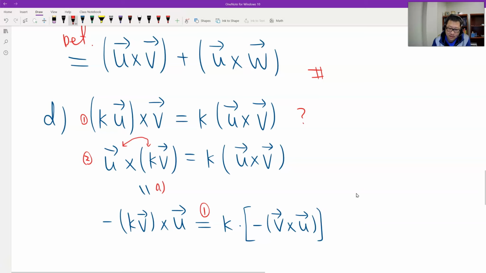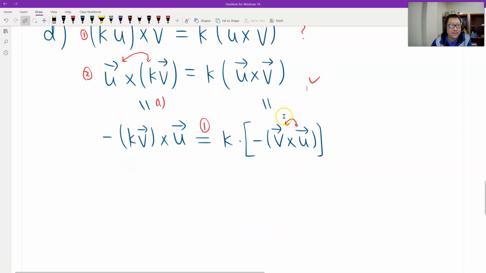And then we switch it again, therefore the negative will disappear. So that equals this one, exactly the same. So 2 is correct. Therefore, we only need to verify the first, using the definition. So now we verify 1.